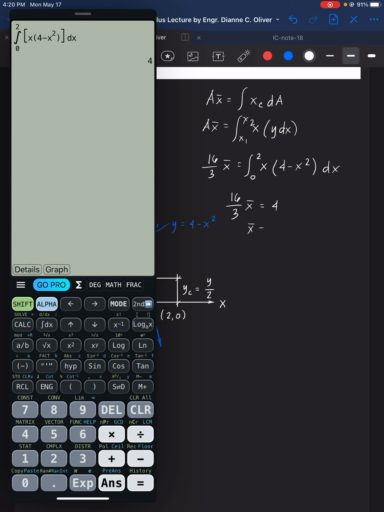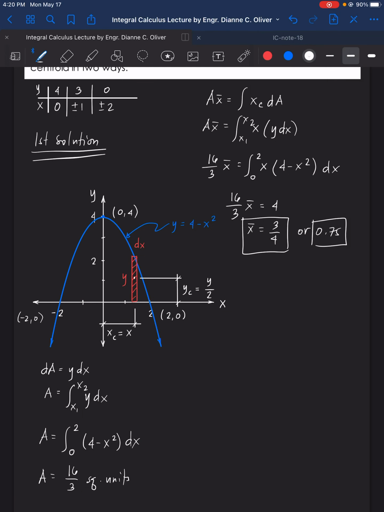Therefore x bar is 4 divided by 16 over 3, which is equal to 3/4, or that is 0.75. That is for x bar.